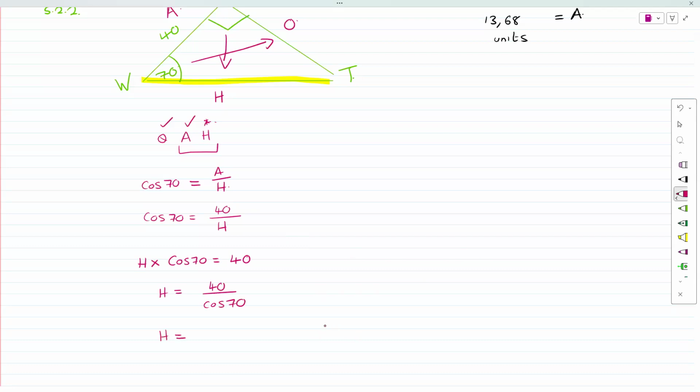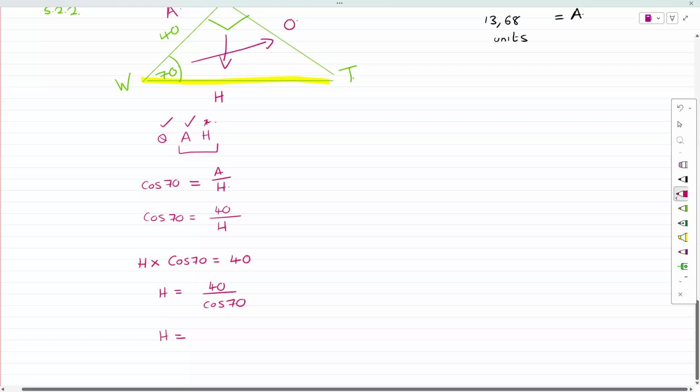H equals 40 divided by cos 70. Give me a moment. 116. That's a little bit of a problem. 116. Yeah. So it's 116.95.